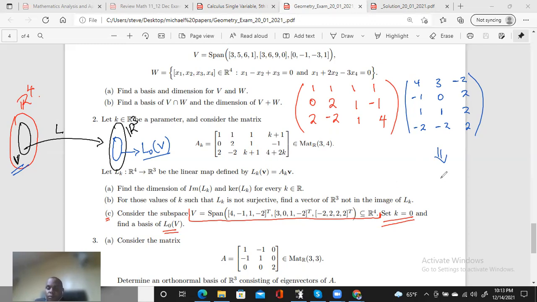So we could do: 4 minus 1 is 3. 3 plus 1 is 4. 4 minus 2 is 2. And then 0, minus 2 plus 1 is minus 1.